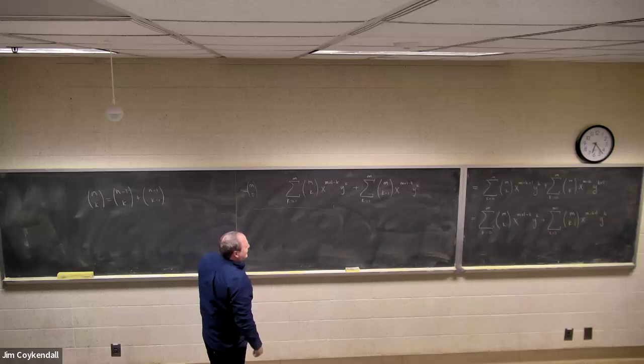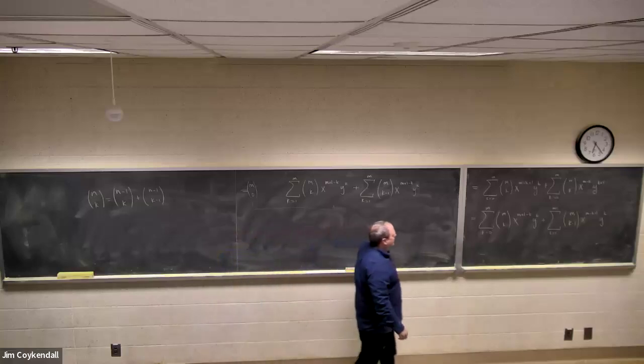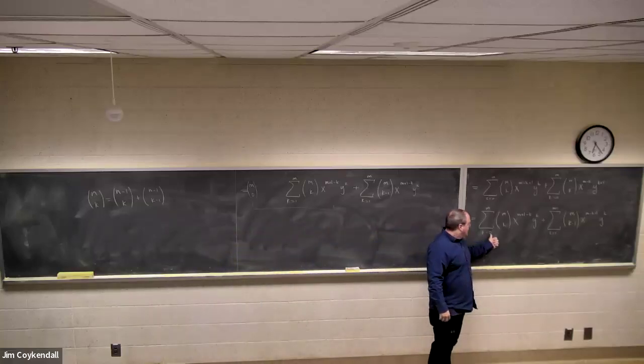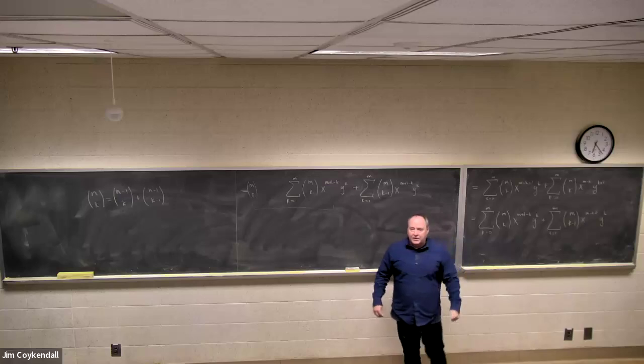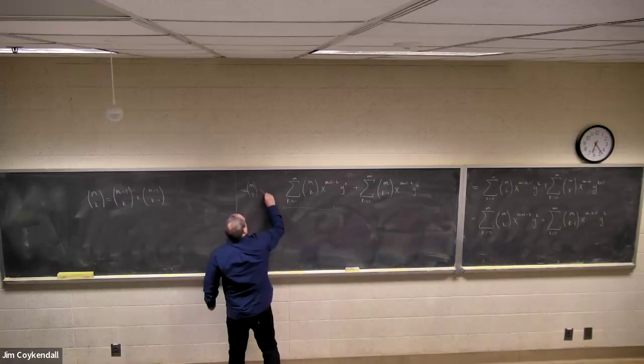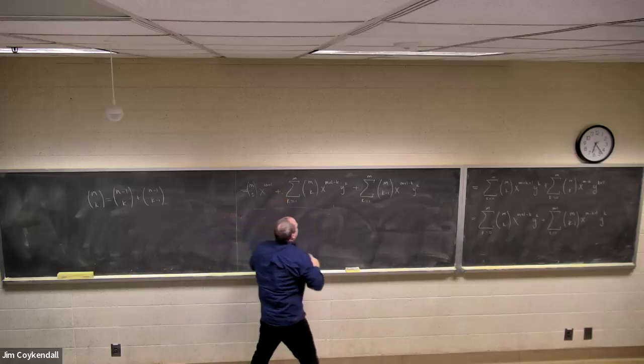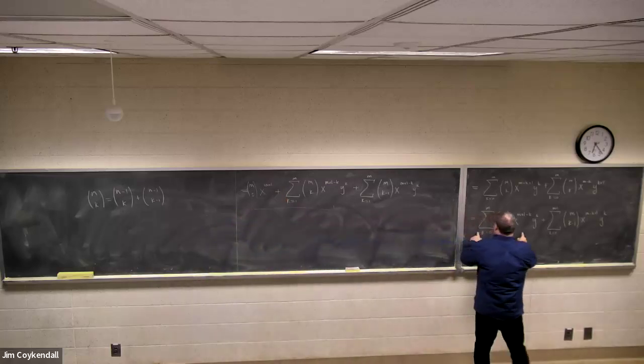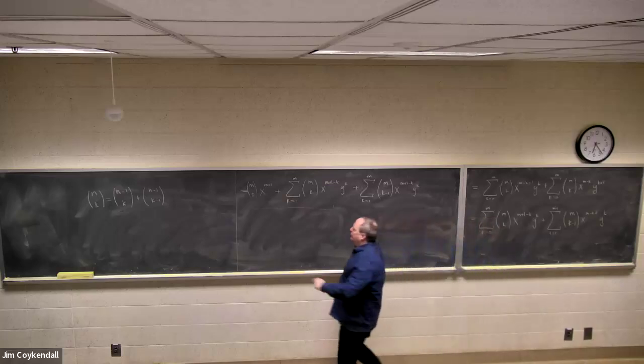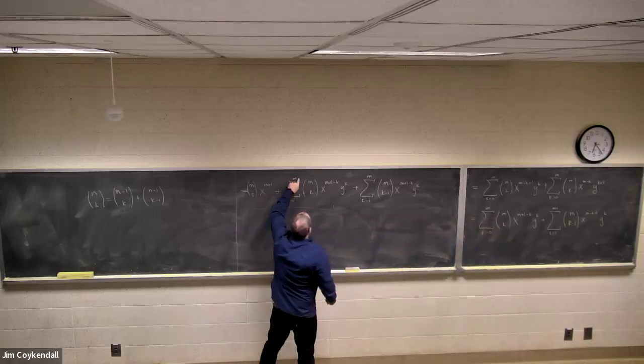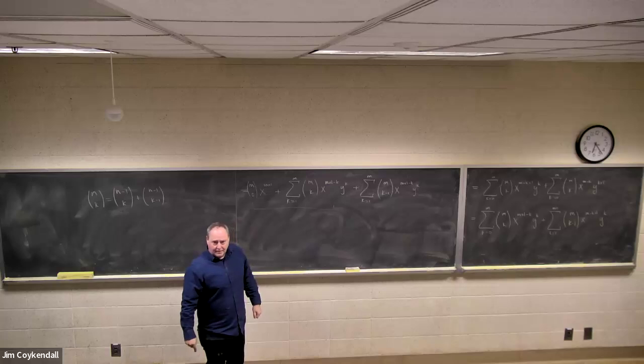What's the power of x? The 0 term on this one, m choose 0, the power of x is m plus 1, and the power of y is 0. And if you put this all back together, you get this, because now you're summing from 0 up to m. Agree?